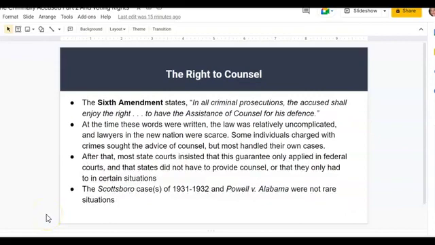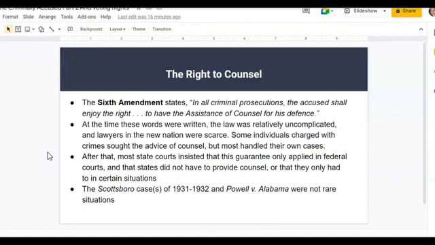All right, so turning to the right to counsel, this is the right that citizens have in the United States to be represented by an attorney when they're accused of a crime. So the Sixth Amendment states, in all criminal prosecutions, the accused shall enjoy the right to have assistance of counsel for his defense. And way back when these words were written, the law was not that complicated.